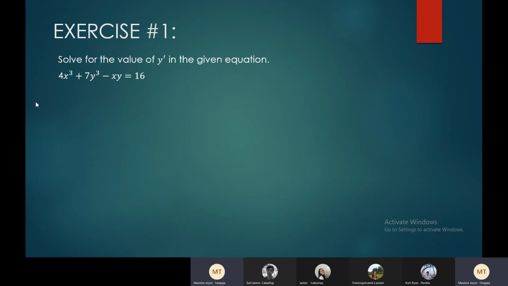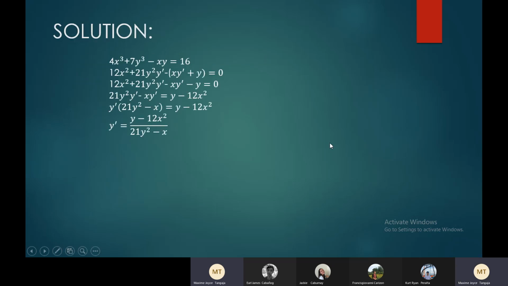So, for this exercise, solution. 4x cubed plus 7y cubed minus xy equals 16. So, differentiate. 12x squared plus 3 times 7, which is 21, y squared y prime minus xy prime plus y is equal to 0. So, 12x squared plus 21y squared y prime minus xy prime minus y is equal to 0.